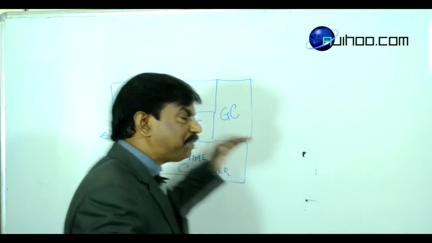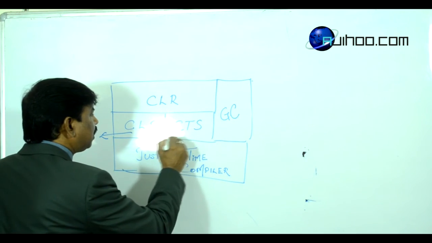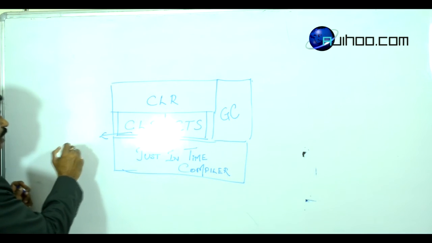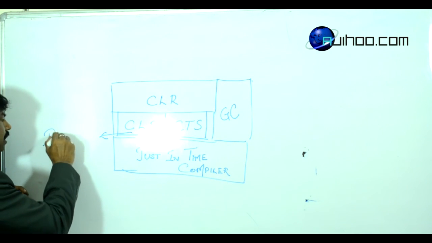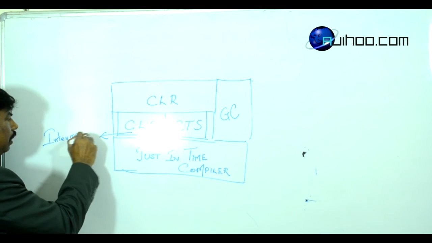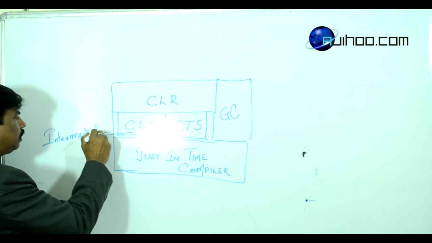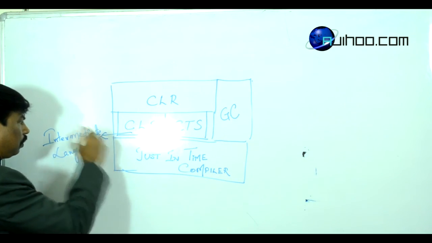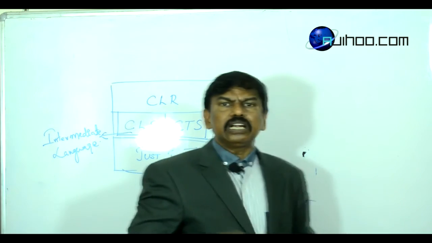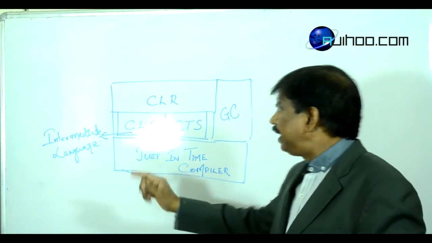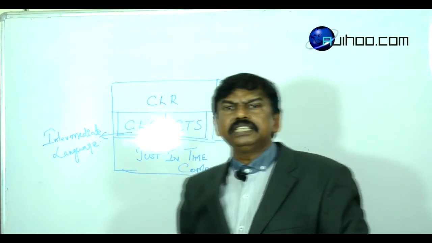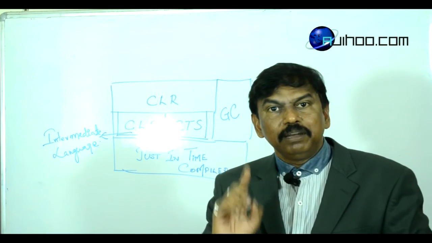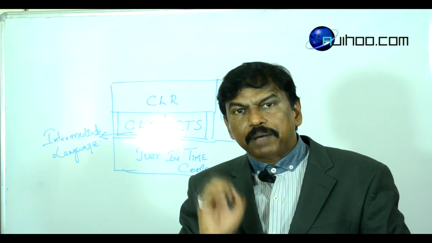So, this way, these two things will convert this language. The first level conversion will be done into intermediate language. This intermediate language code is again sent to the just-in-time compiler. Just-in-time compiler will be called as JIT compiler.